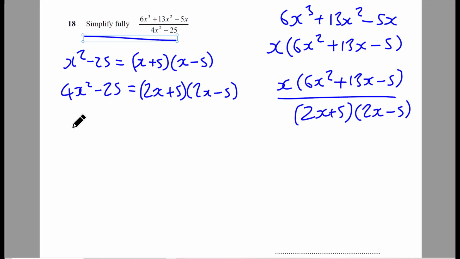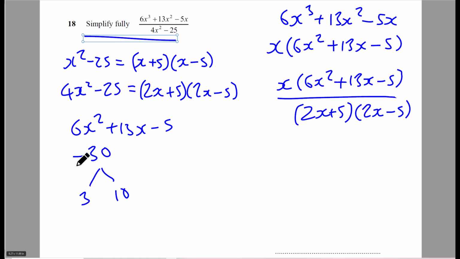But let's just factorise this. Now do use whatever method you prefer for factorising quadratics, but I've got 6 times minus 5 here, so we're going to get minus 30. We've got factors of 30 to get plus 13x, so we've got 3 and 10, which gives us 13, but I can't make that minus 30, so be careful here.